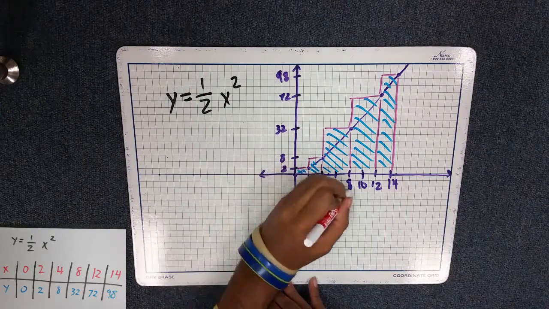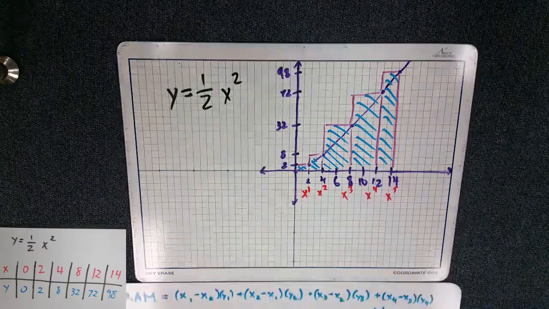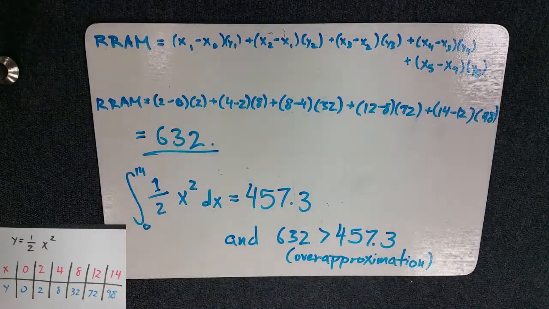For our problem, this can be represented as RRAM equals (x1 minus x0) times y1 plus (x2 minus x1) times y2 plus (x3 minus x2) times y3 plus (x4 minus x3) times y4 plus (x5 minus x4) times y5.